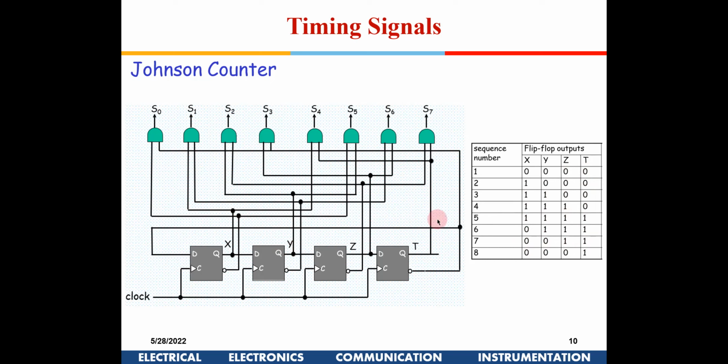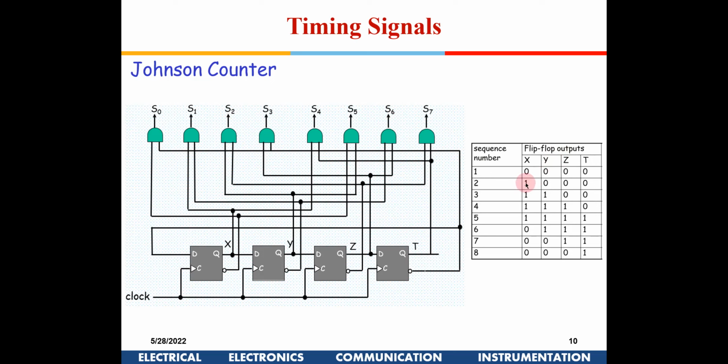From those 8 different patterns you can use these kinds of gates to get the clock signals. If you see, when it is all zeros out here, S0 is coming from the Q bar signals, so this one will be high.